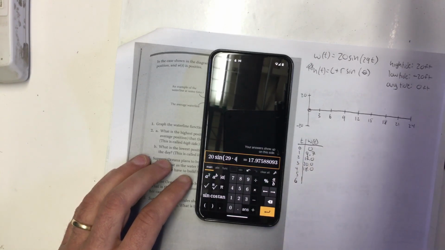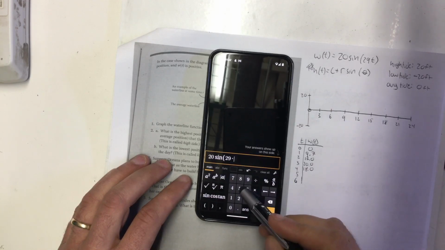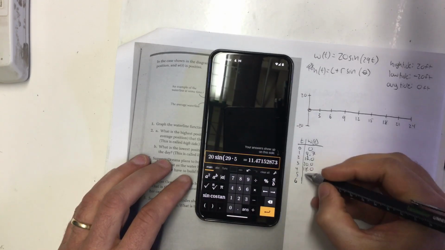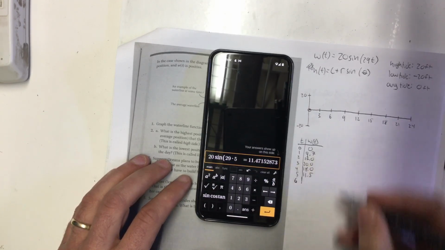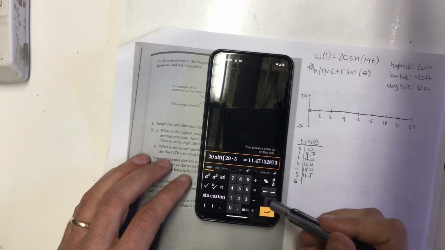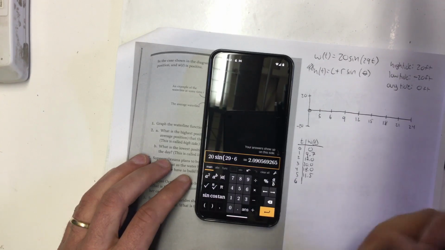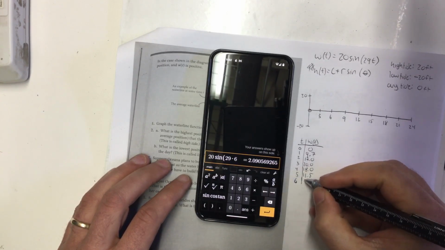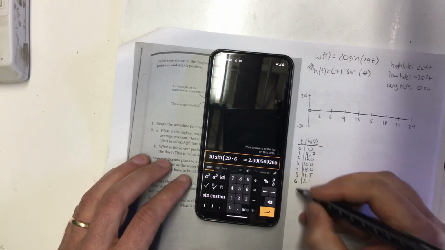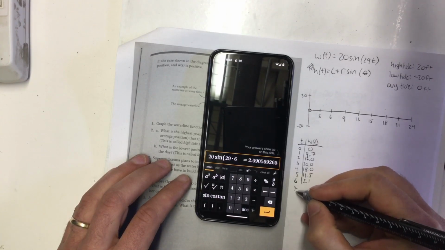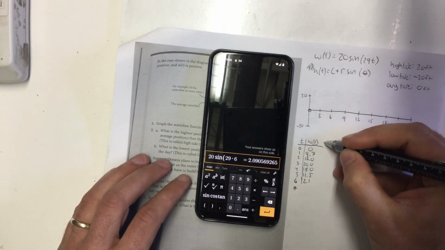And then at 5 hours, it'll be 11.5, and then 6 hours. Oops. Look, we're getting down. 2.1.